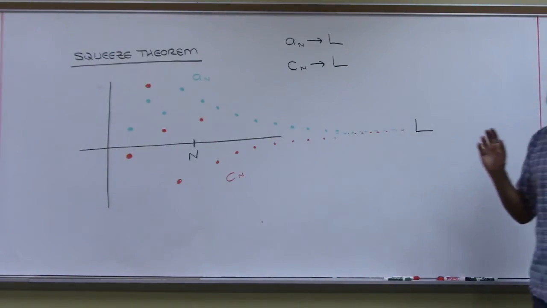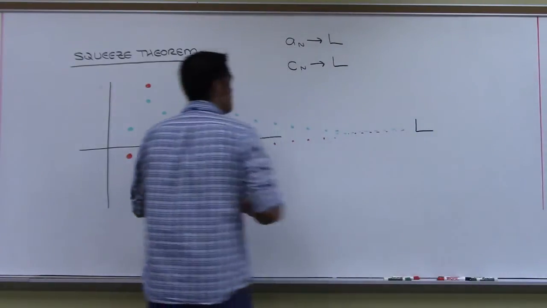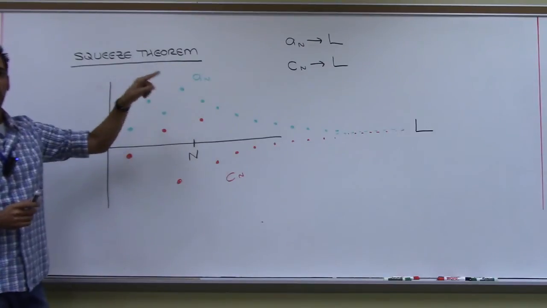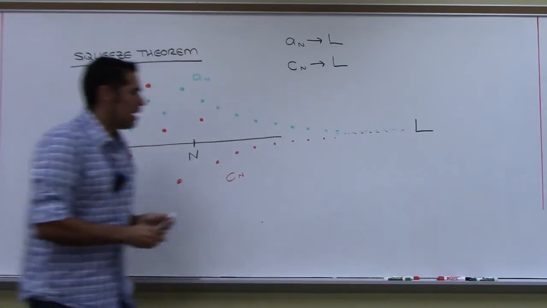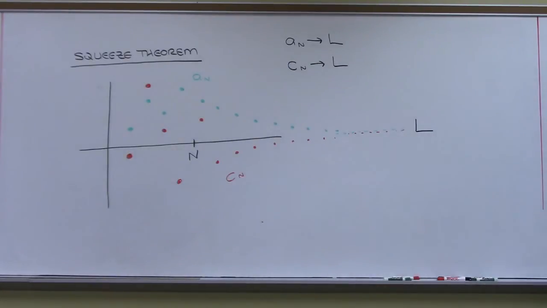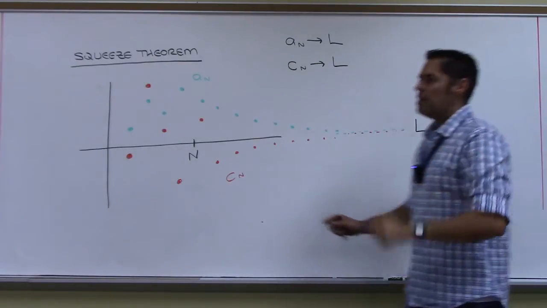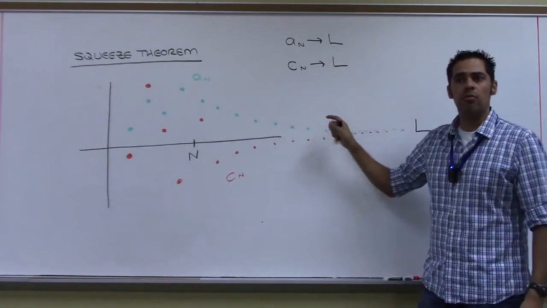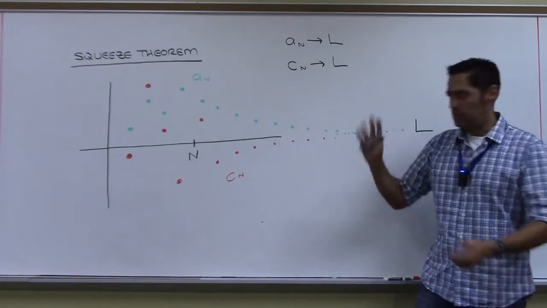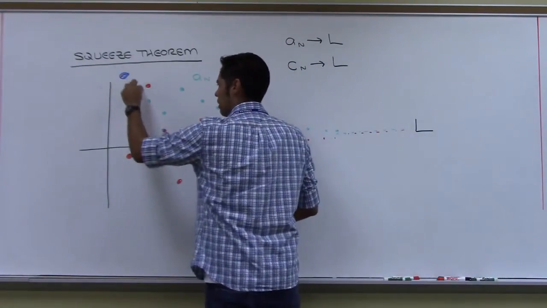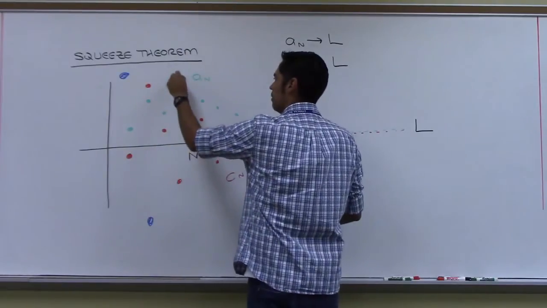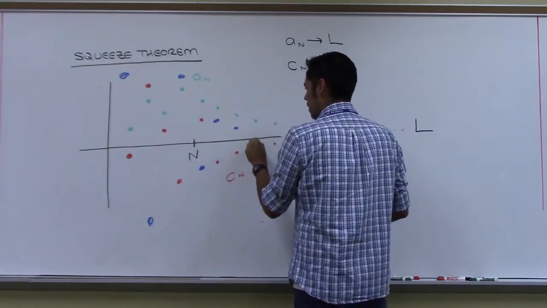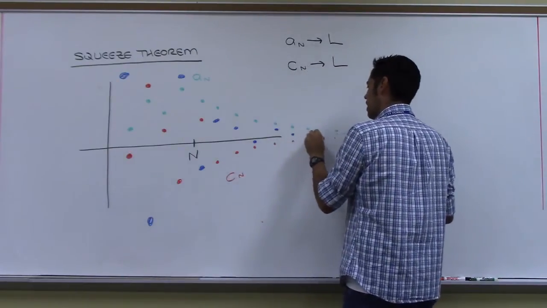So what the squeeze theorem says is this: if there is a sequence that is between those two sequences all the time, it must also go to L. So imagine that I have to draw another sequence, but I always have to stay between these two eventually. Watch me do it. Blue up here, blue down here, blue up here, blue down here, and then blue here, here, here, there.